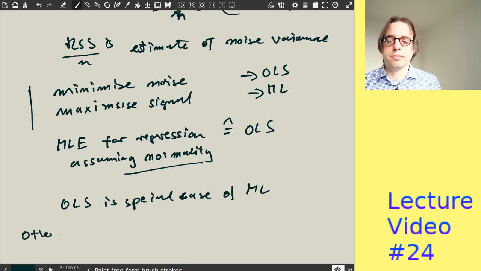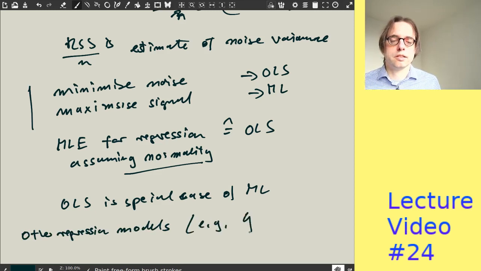And in fact, if you go to more advanced courses, other regression models, for example generalized linear models, may assume other distributions.